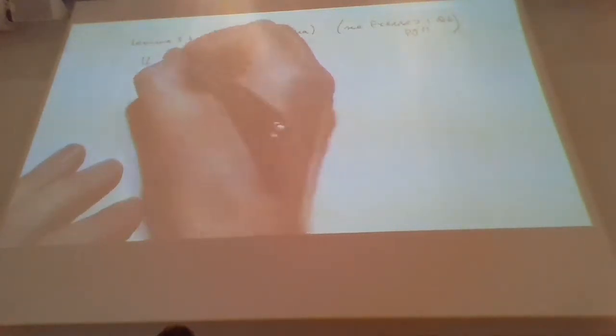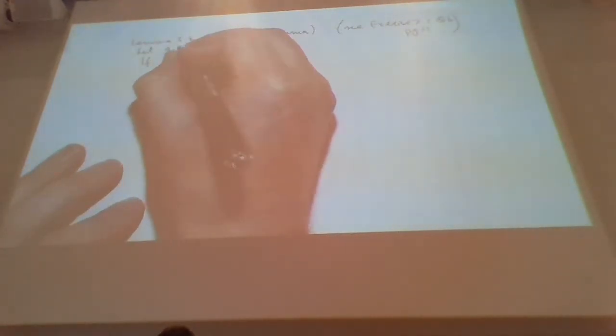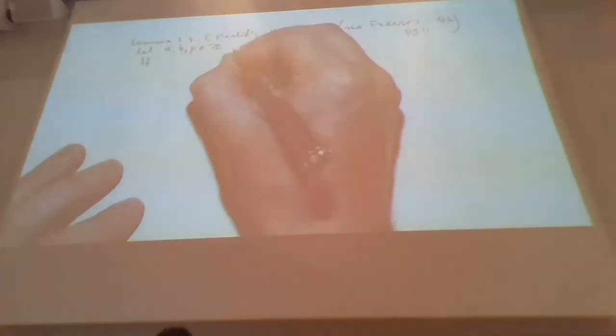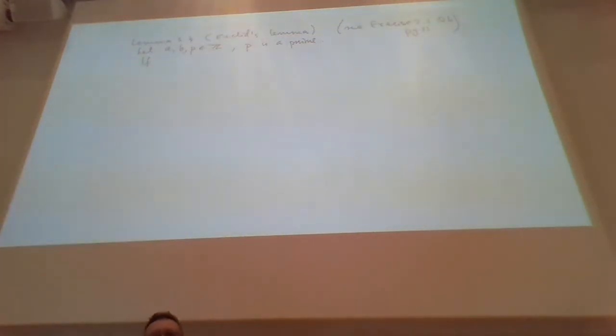It's nice. So this basically says: let a, b, and p be integers, and p is a prime. In a number theory course, we reserve the letter p to denote a prime. So you shouldn't use p to denote something that mightn't be a prime.